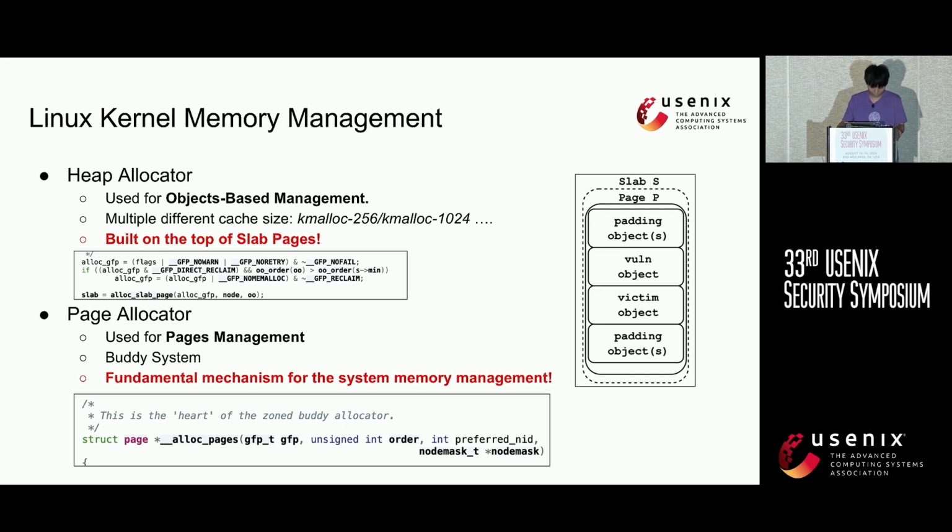The heap allocator, also known as slab allocator, is used for kernel heap object-based allocation, and the caches there can be grouped into different small groups related to different sizes, and there are also some we call dedicated caches. When a new slab is created, it usually relates to new slab pages allocation, and the slab is built based on those new slab pages.